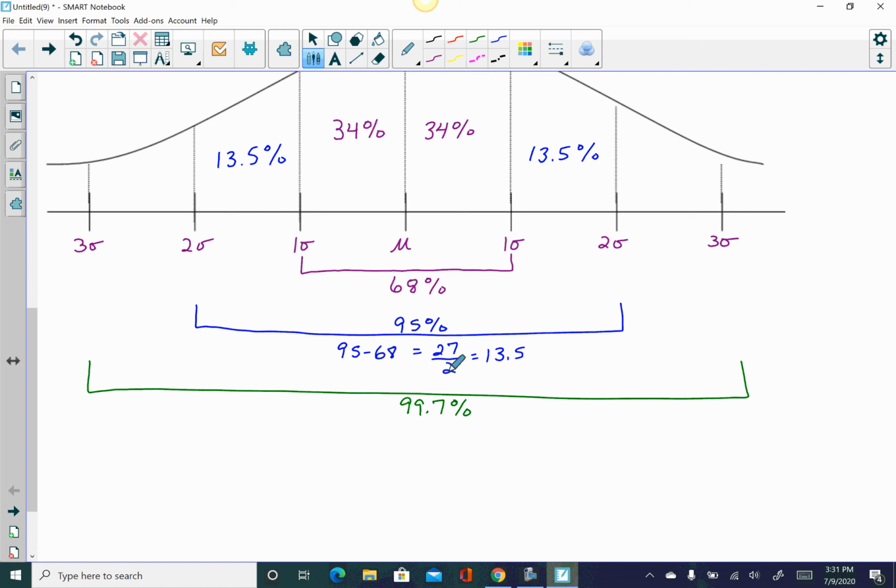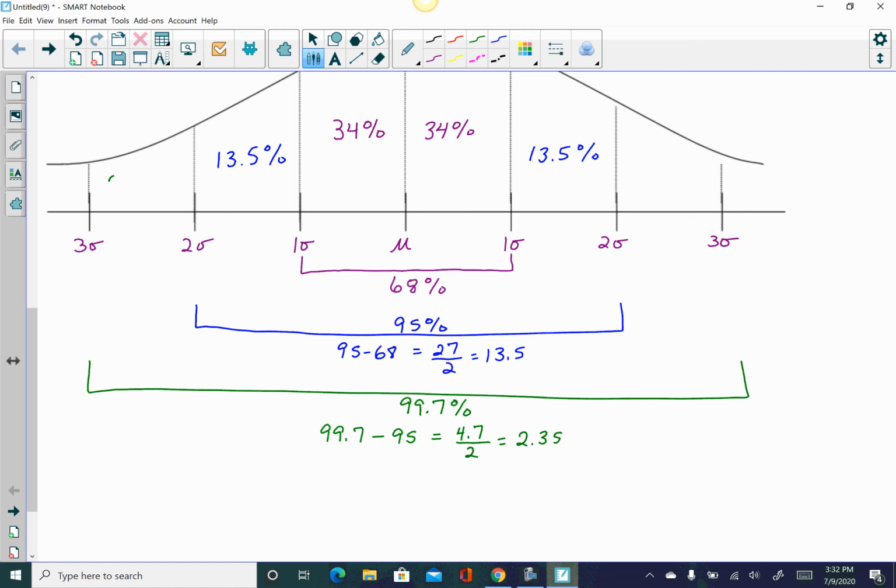To figure out what goes in these next two rectangles, I'm going to do 99.7 minus the sum of all of these existing 4 rectangles, which we know is 95%. So 99.7 minus 95 puts you at 4.7. You've got 4.7%, which will be divided by 2, and that puts you at 2.35.